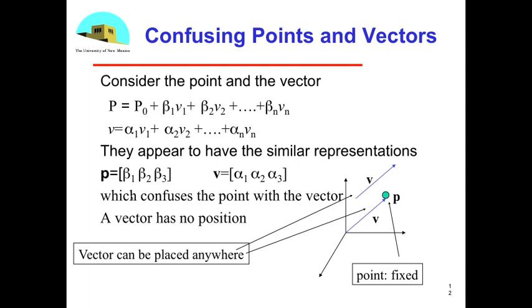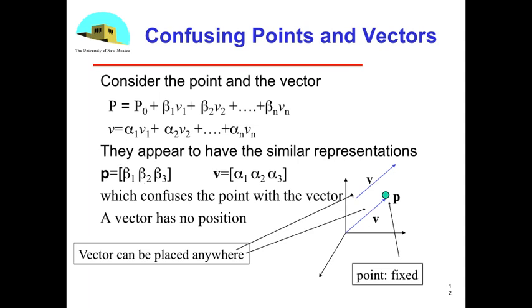So if I give you 1, 2, 3 here, the point 1, 2, 3 and the vector 1, 2, 3, and this is the mistake that's made, I think, in the majority of books, whether they're linear algebra books that don't care about the geometry, or graphics books, they say, oh, well, we'll use this 3-element representation. But this really gets you in trouble, because what's understood in the representation for the point is that there's an origin you know about, and we all sort of agree in our head, so we don't write it down.